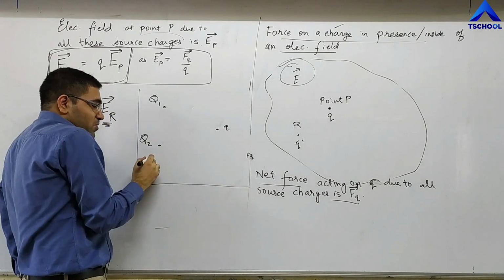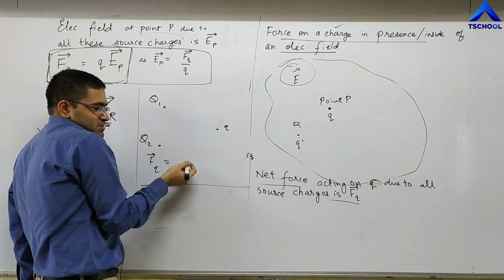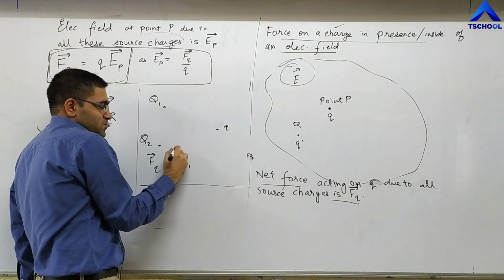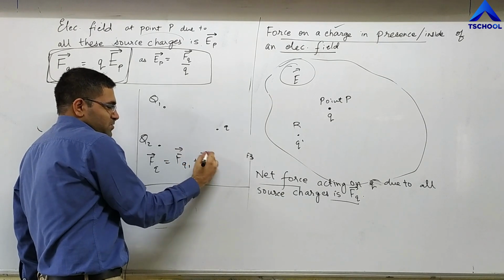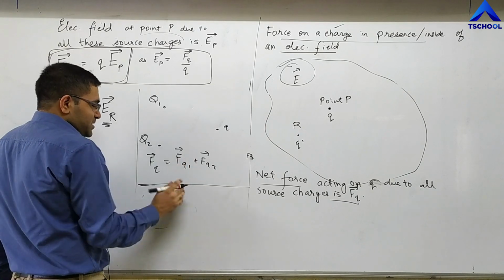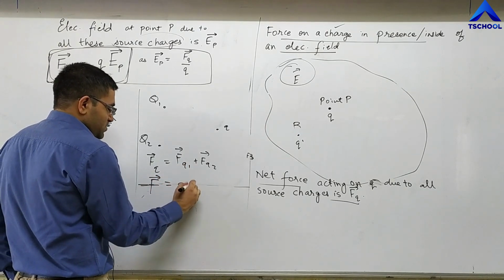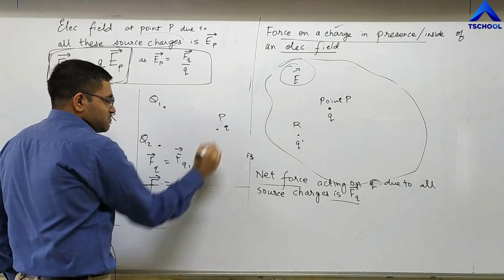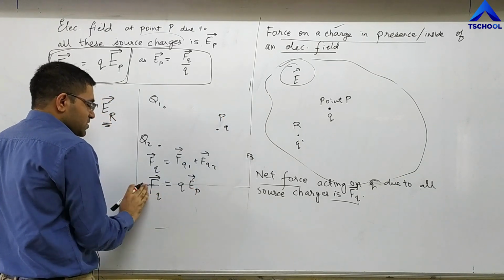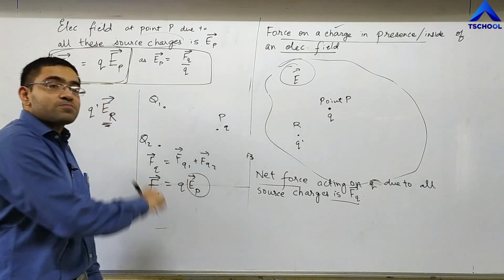Instead of talking about electric field, why don't we simply say that the force on Q at this point is the force on Q due to charge 1 plus the force on Q due to charge 2? Why should I use a relation like F vector equals Q E vector, where this point is P, so force on Q is Q times E_P vector? Why should I even bother with this?